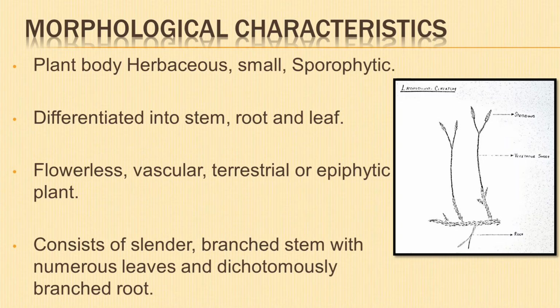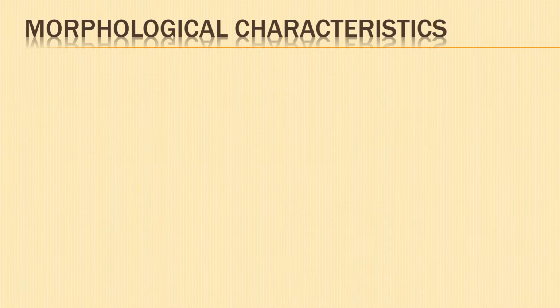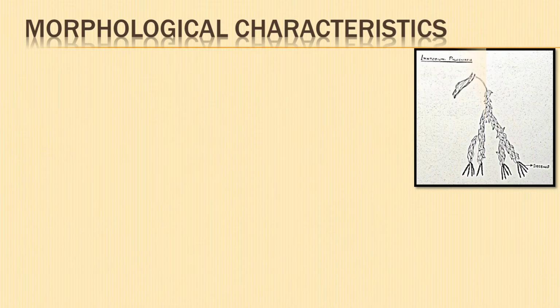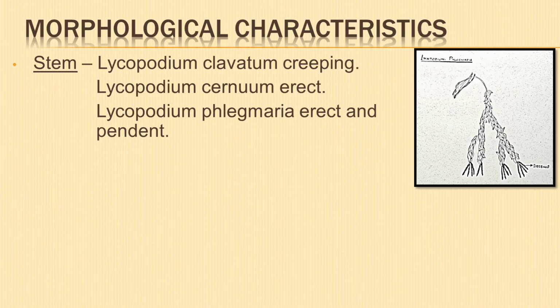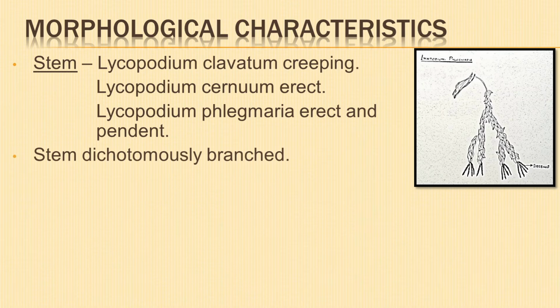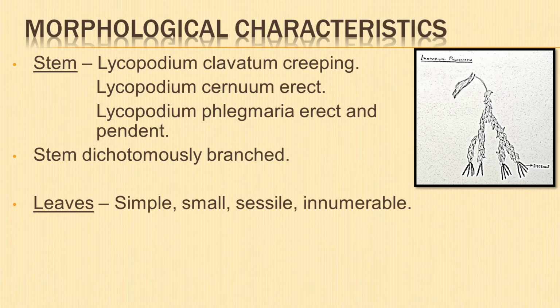dichotomously branched root. The stem of Lycopodium clavatum is creeping, that of Lycopodium cernuum is erect, while Lycopodium phlegmaria stem is erect and pendent. The stem is dichotomously branched. The leaves are simple, small, sessile, innumerable in number, and are similar in size and shape.